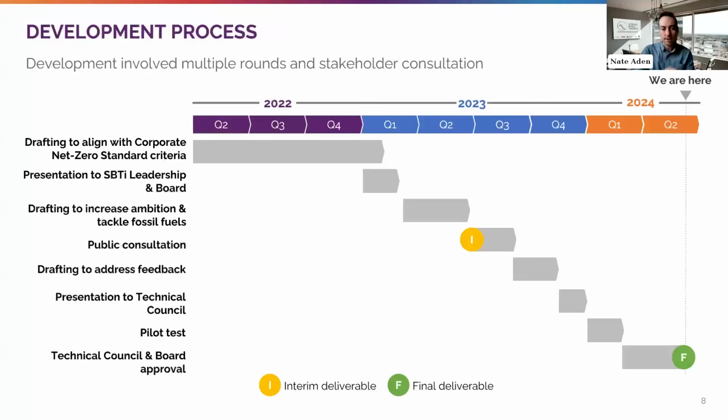In terms of process, we've been working on this update for a couple of years now, and you can see some of the key milestones here. So we began updating this after the publication of the corporate net zero standard, and then we did 2 consultations around this draft. So the first was last summer of 2023, where we shared some documents for public consultation.